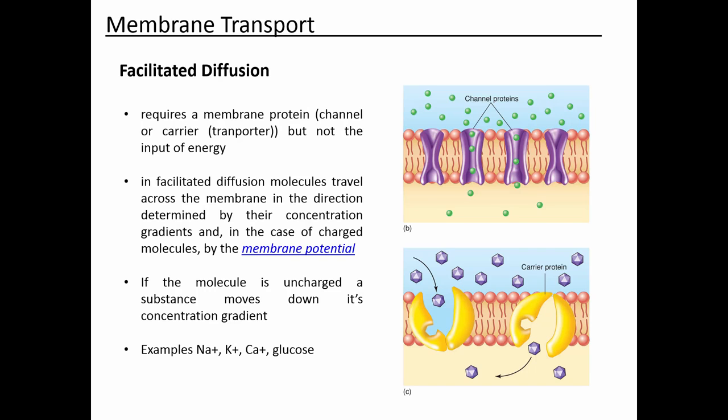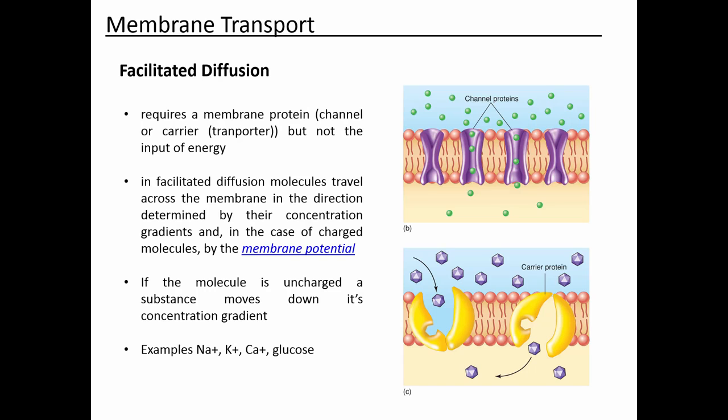In facilitated diffusion, you always have something moving down its concentration gradient without the input of energy. One example would be a molecule passing through this channel from where its concentration is high to where its concentration is low.